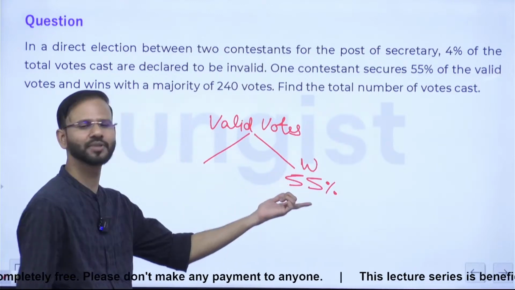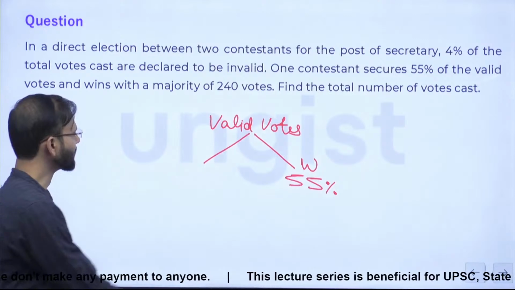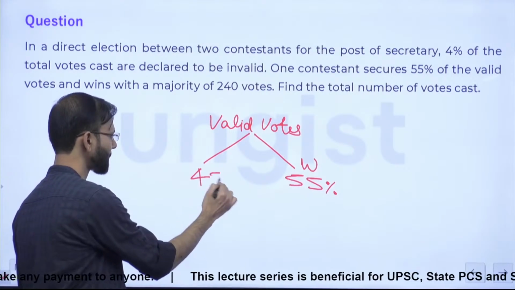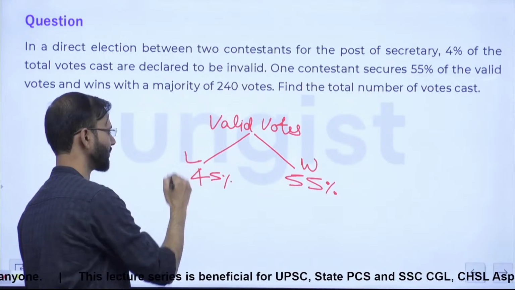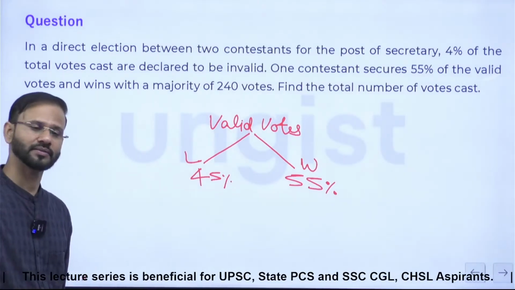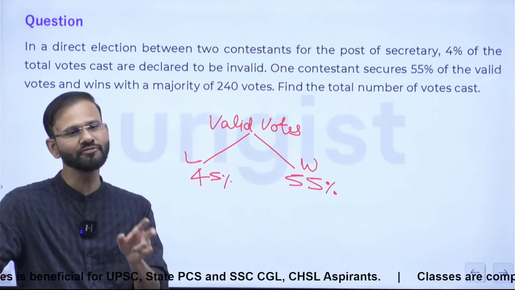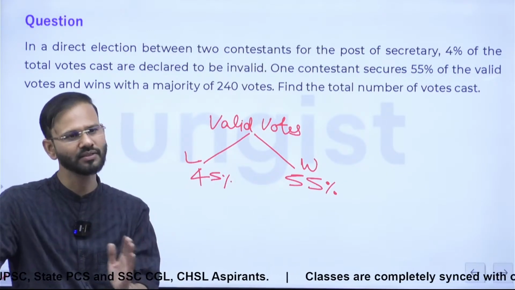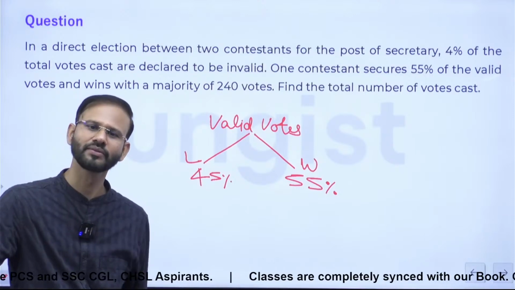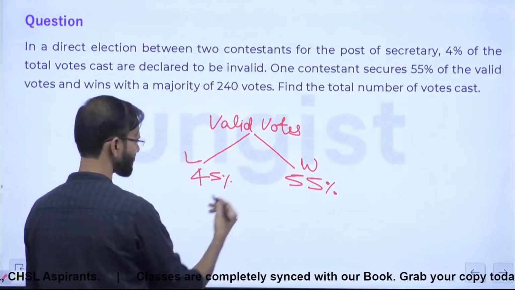Because 55 is the majority actually, like 50 plus is the majority, right? So what about the loser? 40%, 45, sorry. Why? Because the question is saying the winner got 55% of the valid votes. So obviously what is left is for the loser, right? So guys, what is the difference between this? 10%?